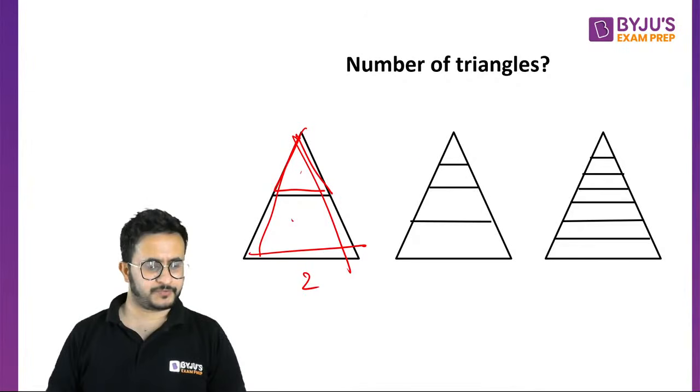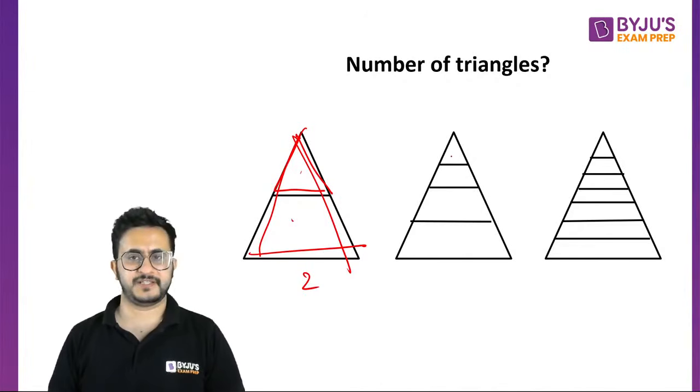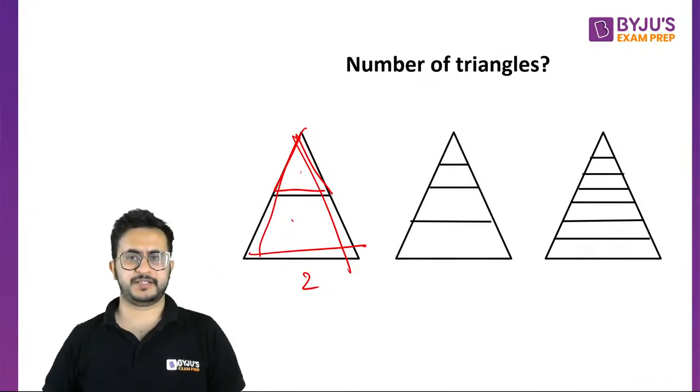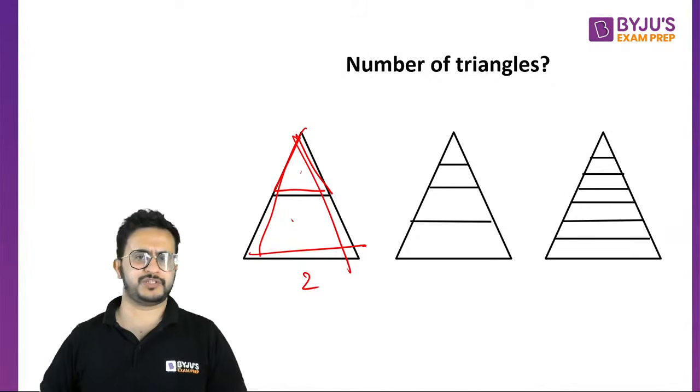Now if we see the second figure, let's count and tell the number of triangles in this. The first one was simple, two triangles. This is triangle one, and the larger triangle is the second.